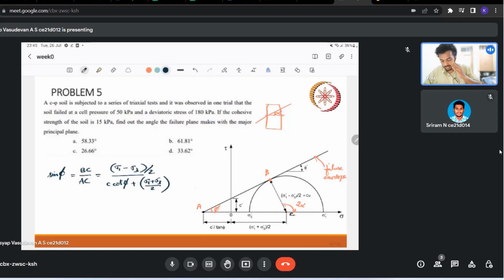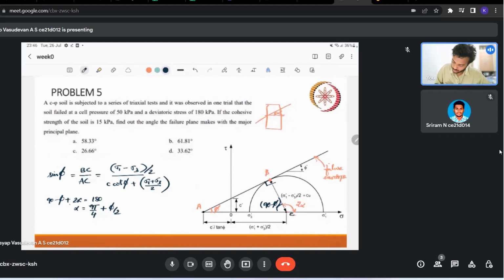Now if you solve this, okay, so we know that this is 90 degrees, so this will be 90 minus phi, and we can also write, from this angle, 90 minus phi plus 2 alpha is equal to 180, and we can write alpha is equal to pi by 4, or 45 plus phi by 2.